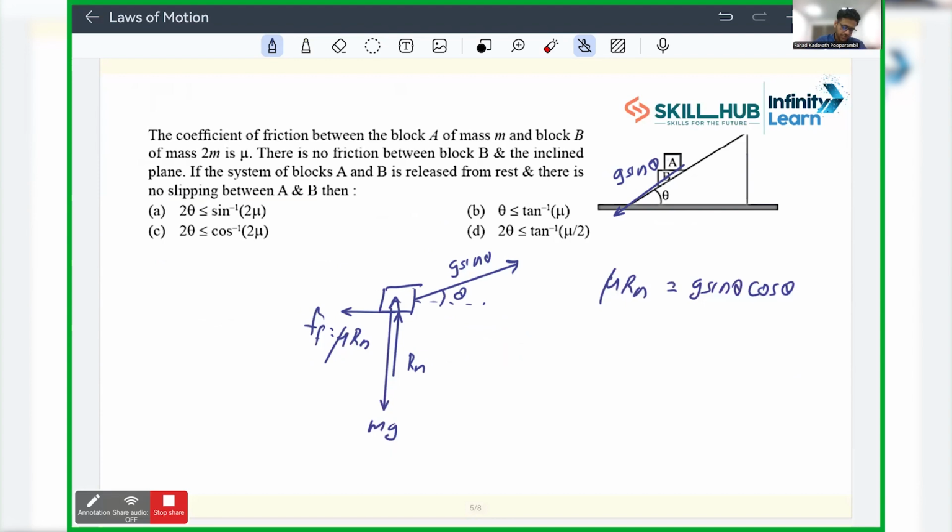Then for getting Rn, we can resolve the components in the vertical plane. Rn is there upward. Then we have a component of g sine theta in this plane. This is the component of g sine theta in the vertical plane.